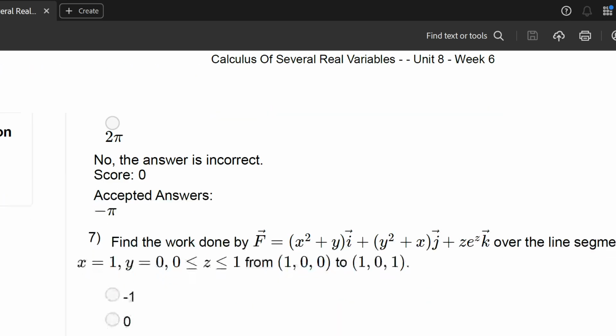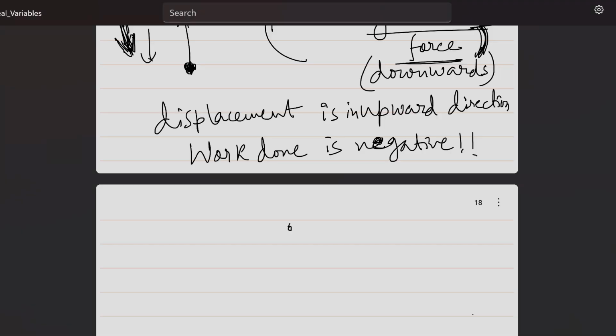So the next question is again about work done. Again you have to find the work done over this line segment. A line segment in the xy plane is a straight line parallel to the y axis and x axis, with z varying from 0 to 1. I will write the question first.